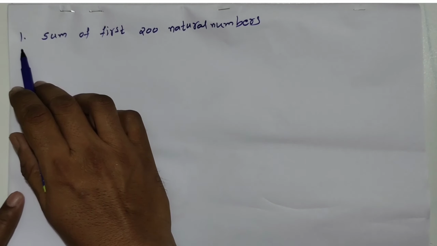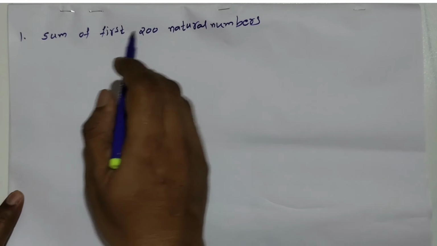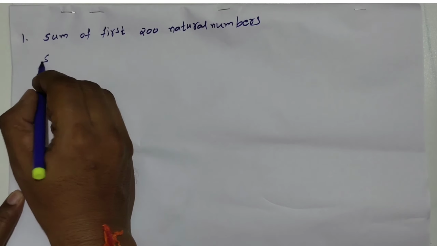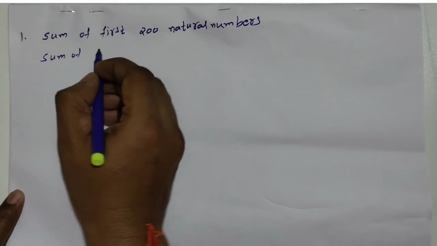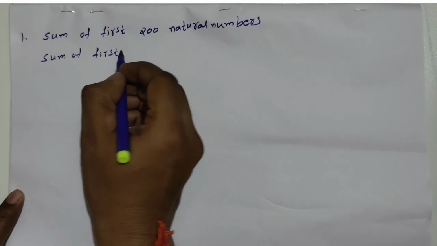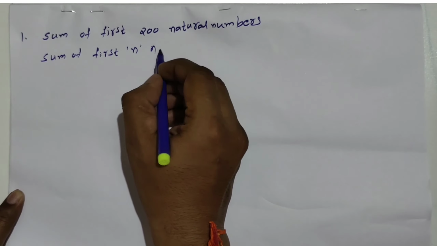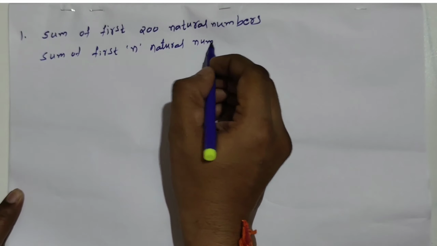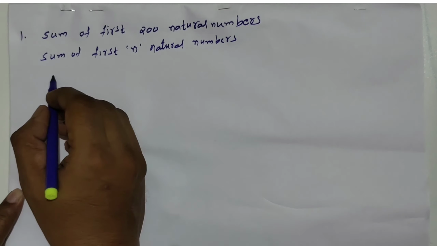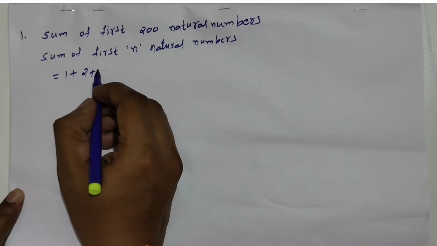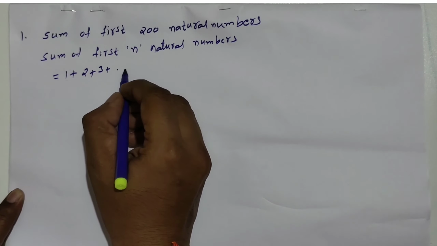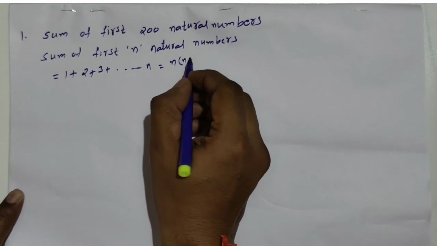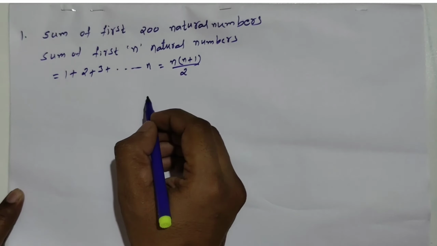So first answer, sum of the first 200 natural numbers. To find this, we have a formula: the sum of the first n natural numbers, that means 1 plus 2 plus 3 plus up to n, is equal to n into n plus 1 by 2.